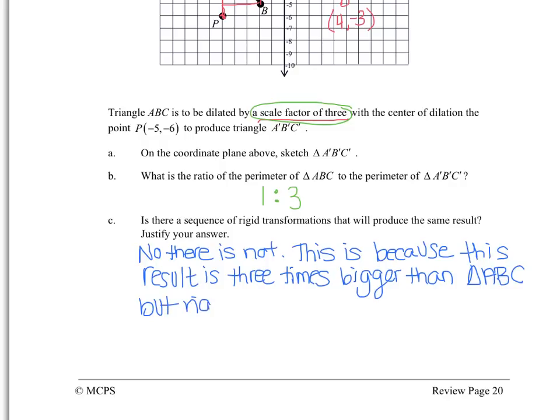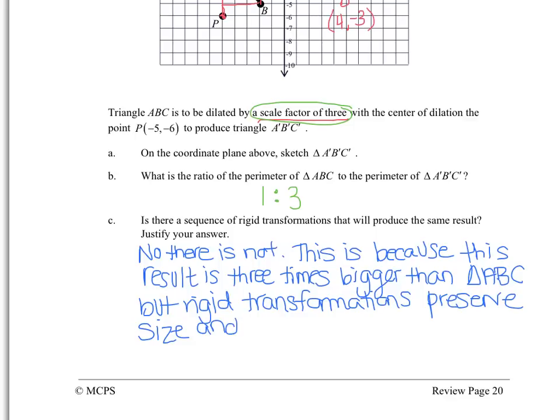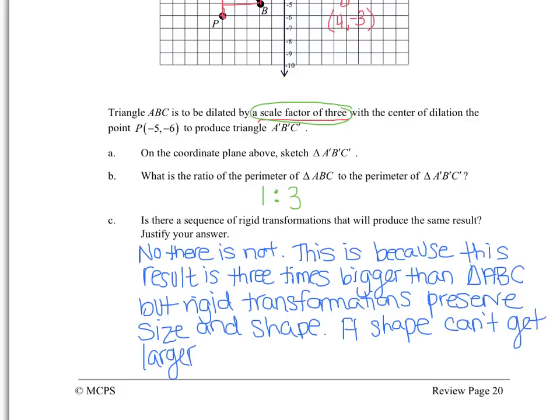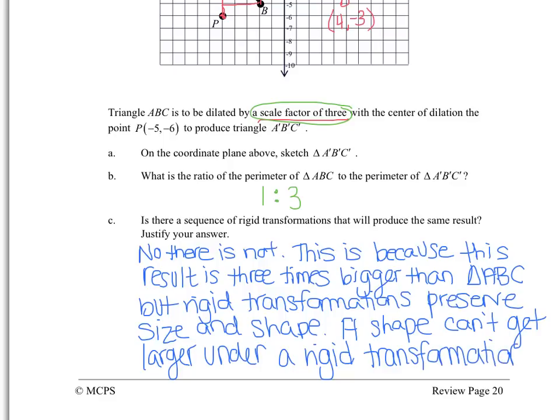But rigid transformations preserve size and shape. We say this all the time. So a shape can't get larger under a rigid transformation. And there you have it.